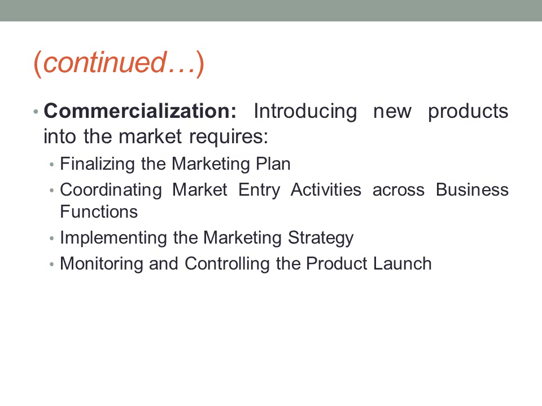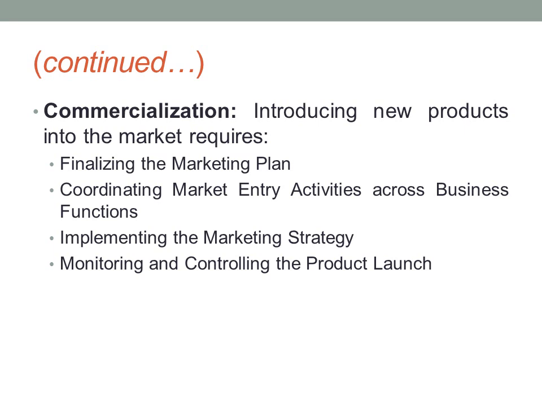Then coordinating marketing activities across business functions. That means cross-functional preparation for the market entry, and the marketing department will coordinate with all other departmental functions. And the third one, after ensuring such coordination across the various business functions, we'll go for implementing the marketing strategy.